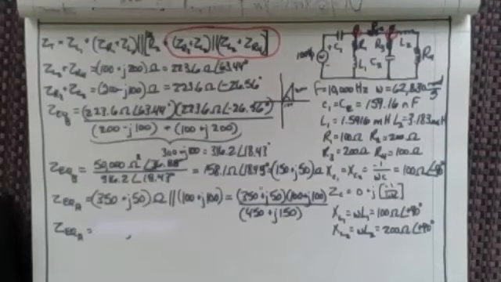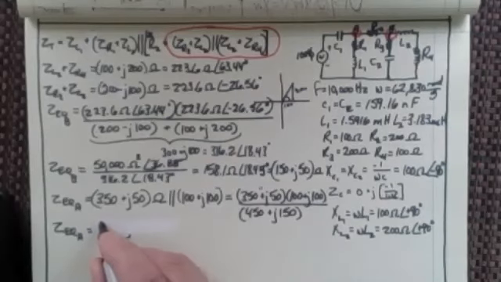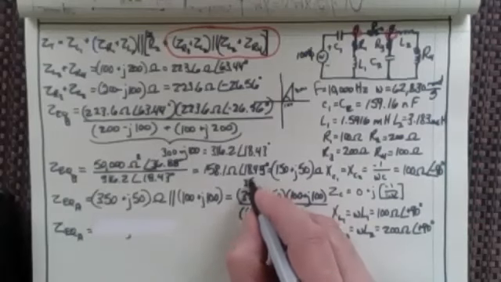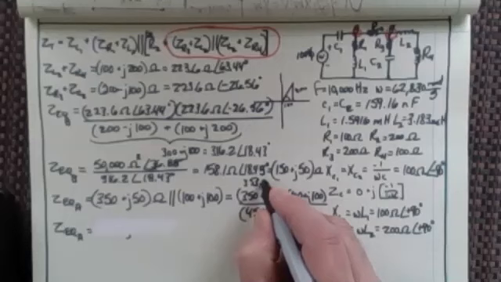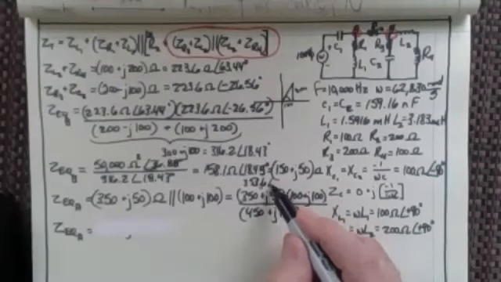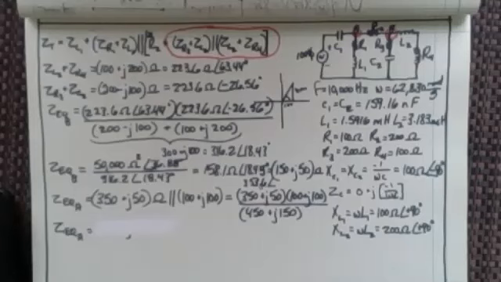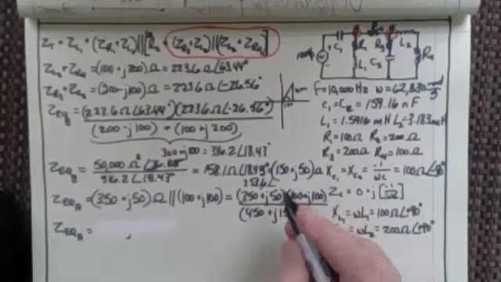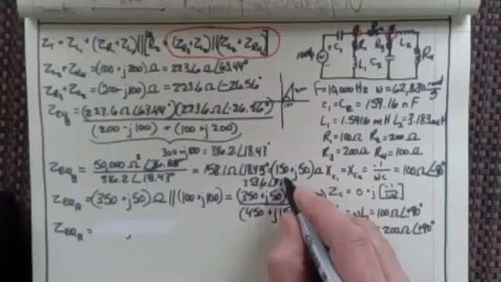So 350 squared plus 50 squared taken to the square root gives me 353.6 at an angle of 8.1 degrees.